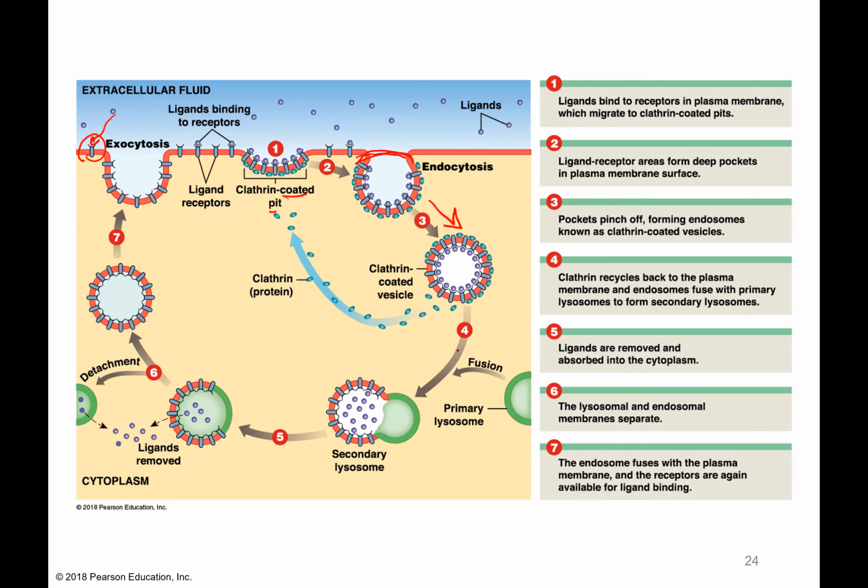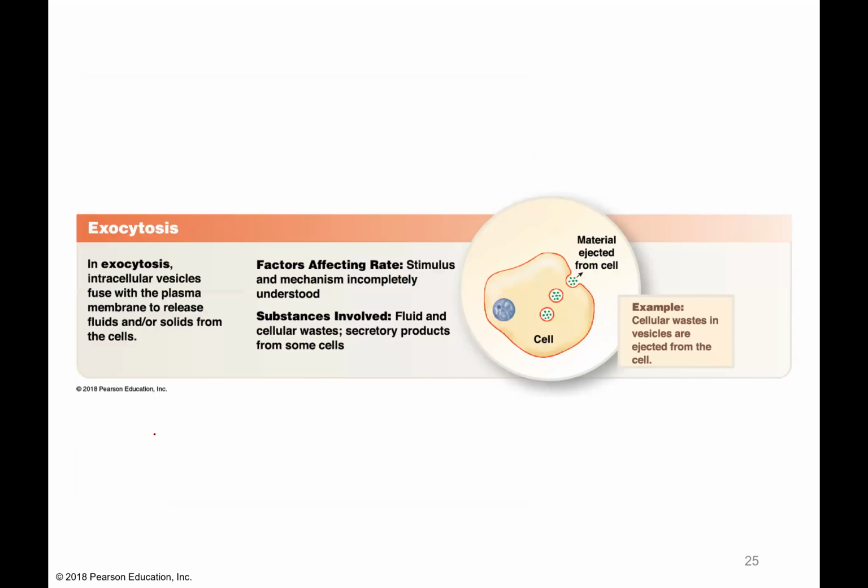That vesicle enters the cell and fuses with a lysosome, which digests those products that were brought in and then removes them. So this example is just receptor-mediated endocytosis. I'm not going to go into super detail asking questions about it, but it's just there for your information.